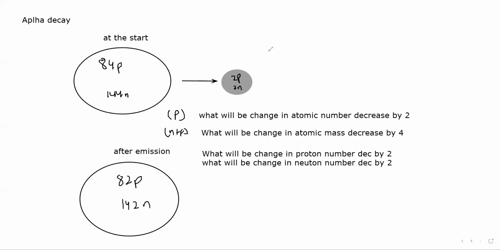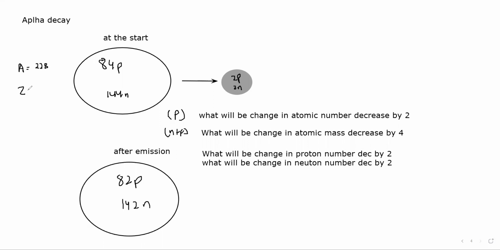What is the mass number here? A is the sum of neutrons and protons. What is the sum? 84 plus 144, it's 228.